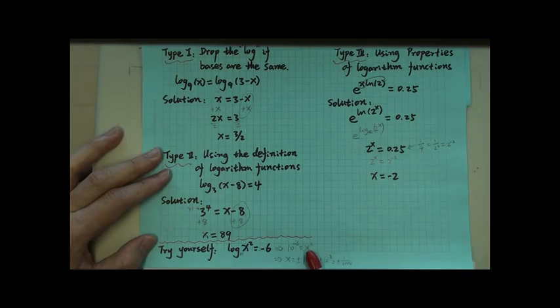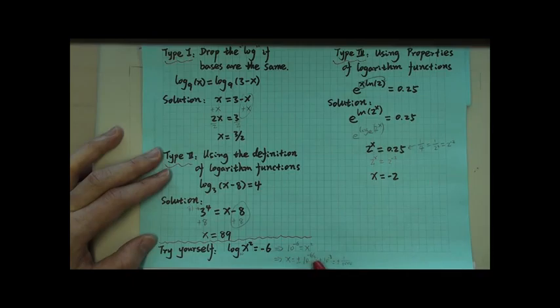Then both sides take the square root. The right hand side is x. Left hand side is negative 6 divided by 2 for the exponent. Since we take the square root, it can be positive or negative.